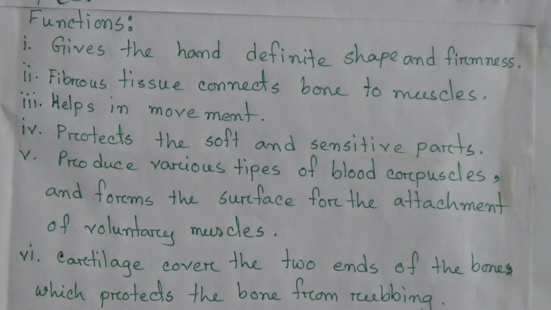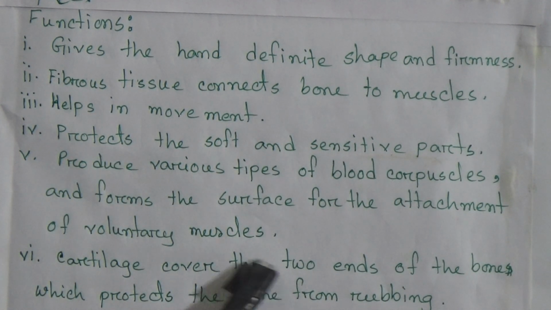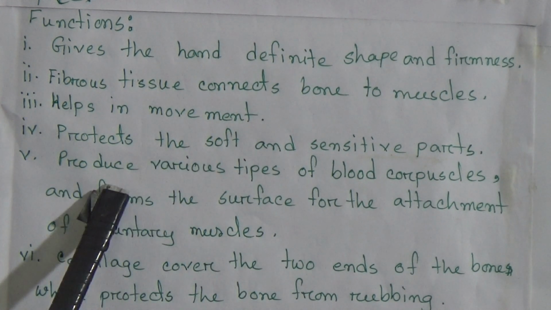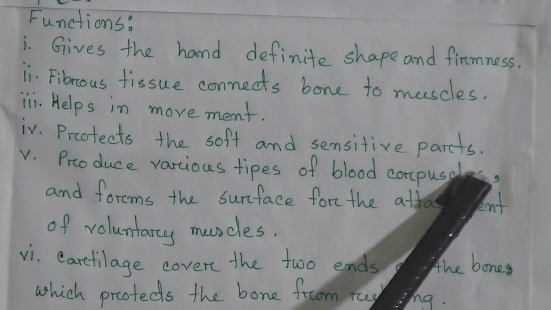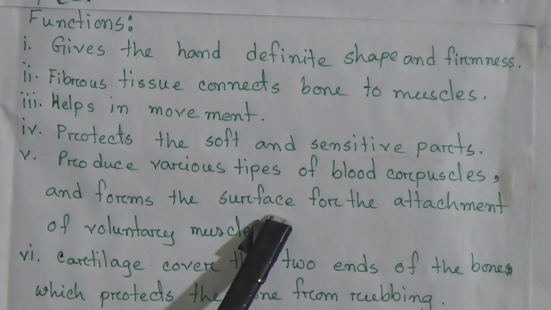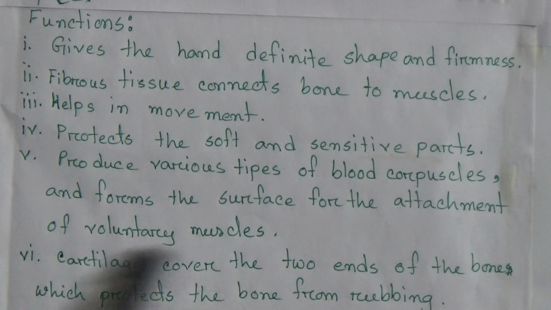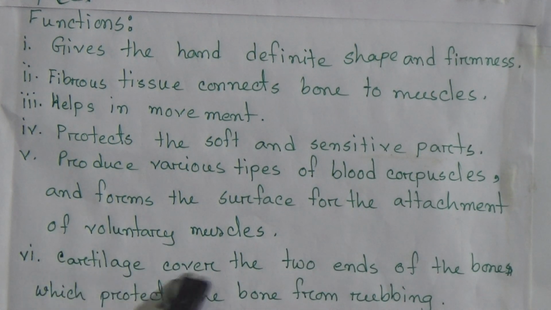Dear students, this type spelling is incorrect. It will be T-Y. Produce the various types of blood corpuscles and forms the surface for the attachment of voluntary muscle. Now come to the next one, cartilage covers the two ends of the bones which protects the bones from rubbing.